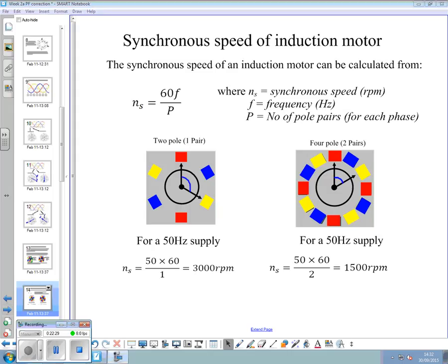So if we look at a 50 Hertz supply, synchronous speed, 50 times 60 over the one pair of poles per phase gives us a synchronous speed of 3000 RPM. If we do a 2-pole-pair motor, 50 times 60 over 2, 1500 RPM. So that kind of calculation is fairly simple, and most motors will have that synchronous speed marked upon them anyway.